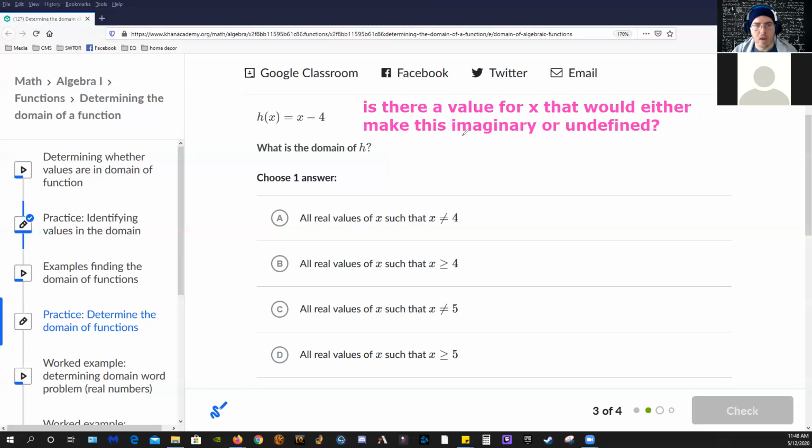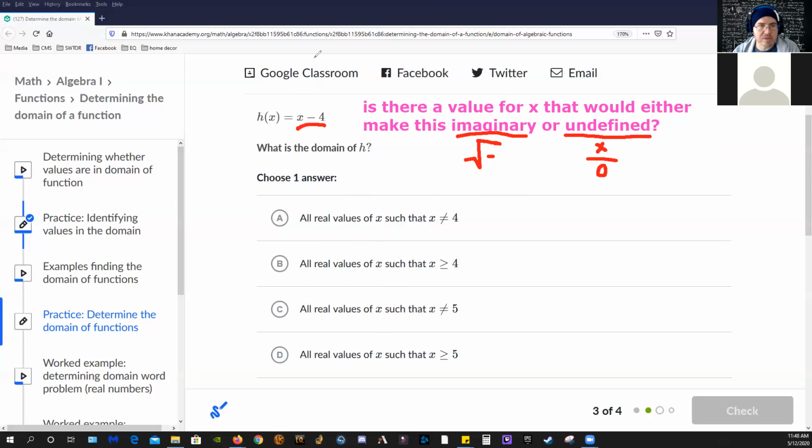Okay, so imaginary is the square root of a negative value, and undefined is anything over 0. Those are the two things we don't want to have happen. At this point, just looking at this, it's just x minus 4.